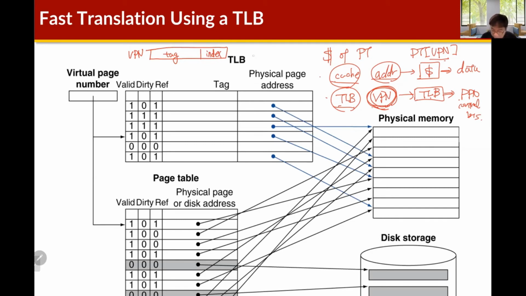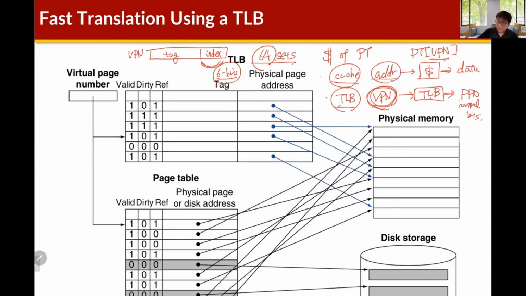For example, if a TLB has 64 sets, then what is the size of the index part? It's 6 bits, right? Let us assume that the TLB has 64 sets, like a cache.